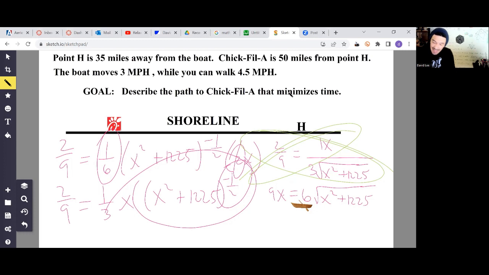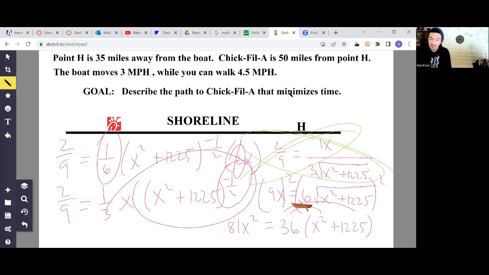Now, why don't we square both sides and go exponent of 2? Because that'll knock out the square root. So 9x squared gives us 81x squared equals 36 times x squared plus 1225.